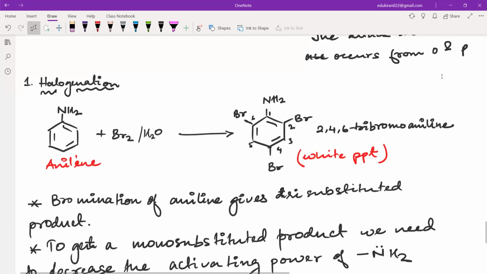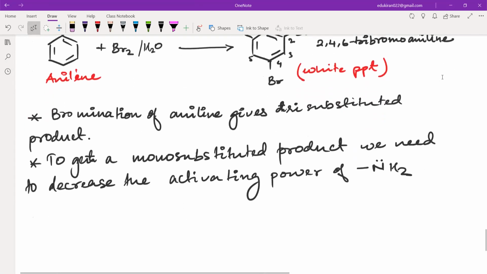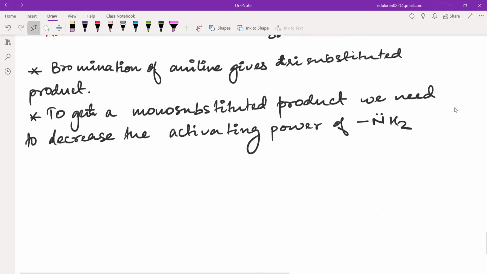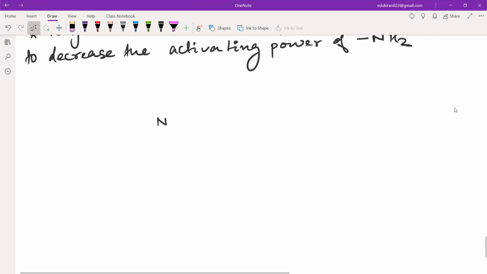Now, we have to get a mono-substituted product. For that, we have to distract this lone pair. The nitrogen of NH2 in aniline has resonance with the benzene ring. Now suppose I add some group here which has a double bond.